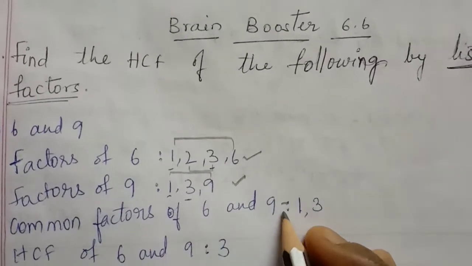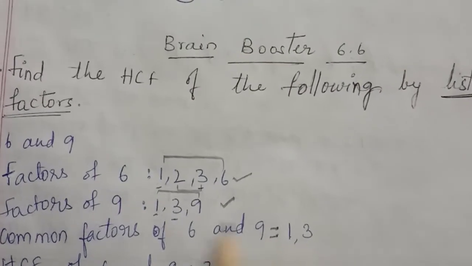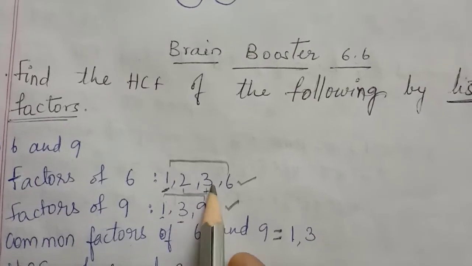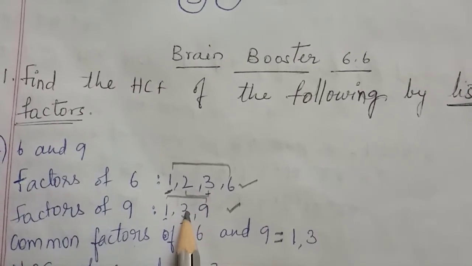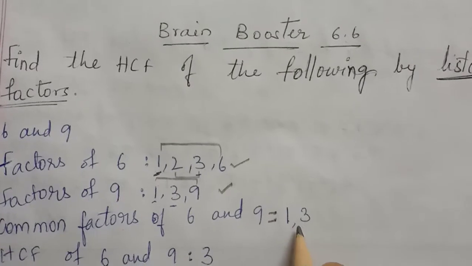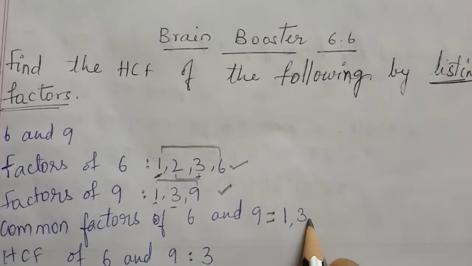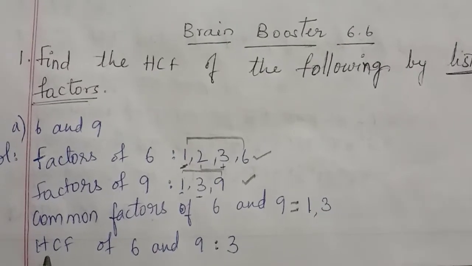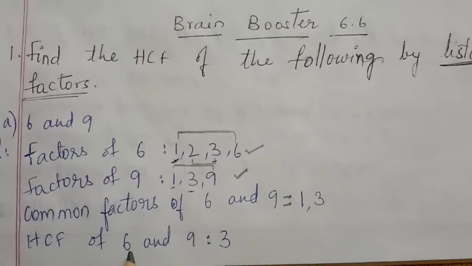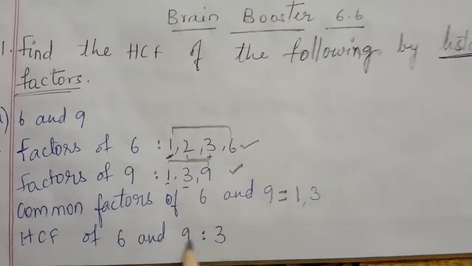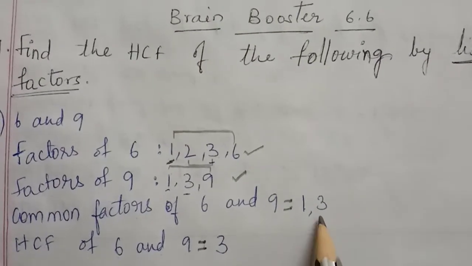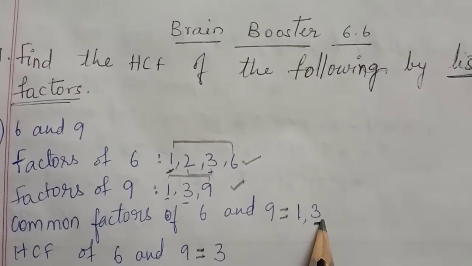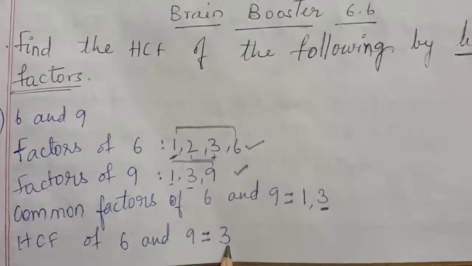What are the common factors? 1 is repeated in both and also 3 is repeated in both factors of 6 and 9. So now 1, 3 are common factors. Now we want HCF of 6 and 9 is equal to, what is the highest common factor? It is 3. The answer is 3.